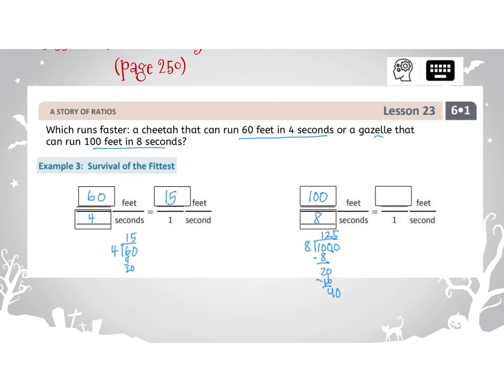Because that was 100. So that's 12.5. Almost made a good error there. So I have 12.5 feet a second, or 15 feet. So definitely the cheetah is the fastest. I should do a capital. Okay, so we've got that taken care of.